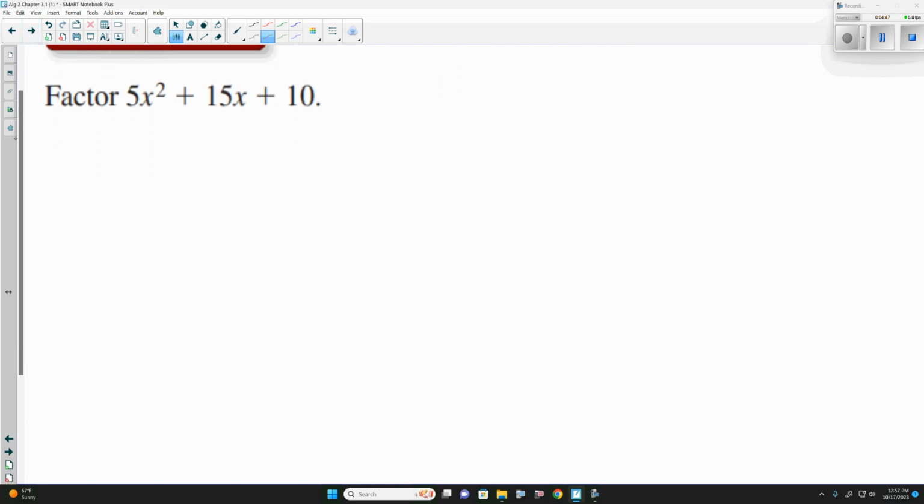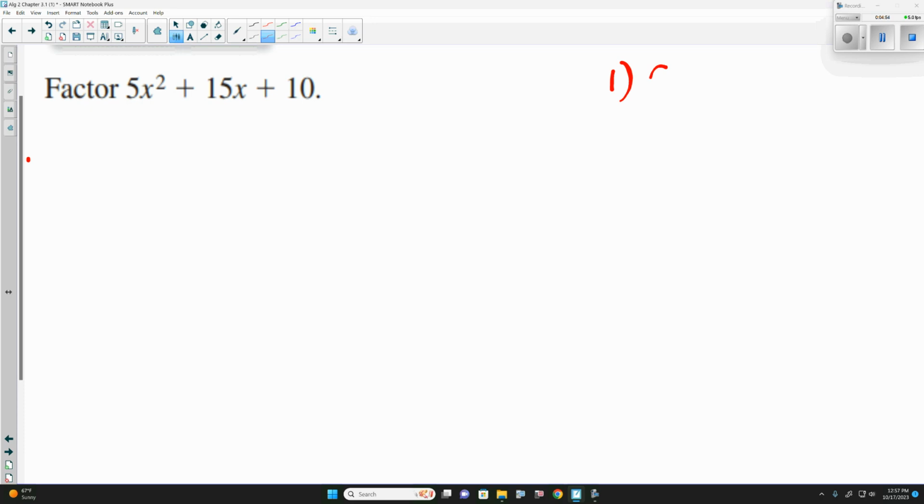Whenever we factor, there are a few steps. And one step that is common amongst any way that we factor quadratics is to first factor out a greatest common factor.